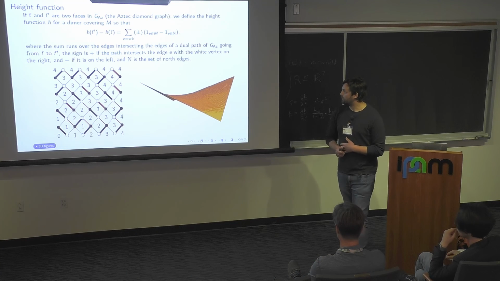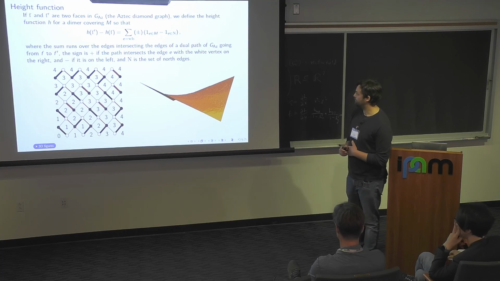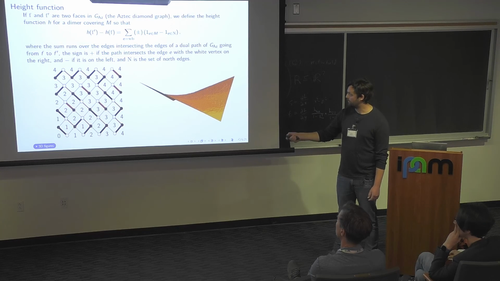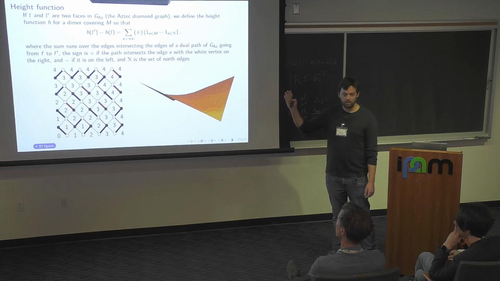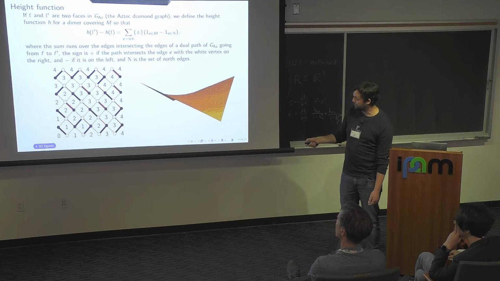We are also looking at the height functions. Okay, so what is the height function? Maybe the easiest way to explain it is that you take some reference dimers. Here I consider all the north dimers, which are the ones in red. If you take any dimer configuration and add them on top of each other, you get these non-intersecting paths showing up here.